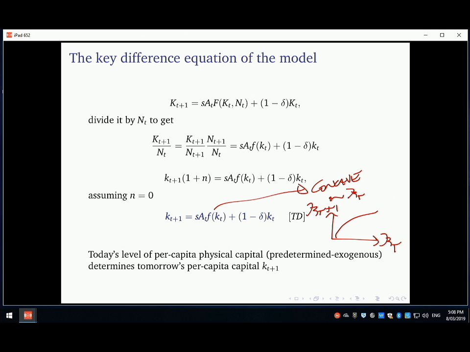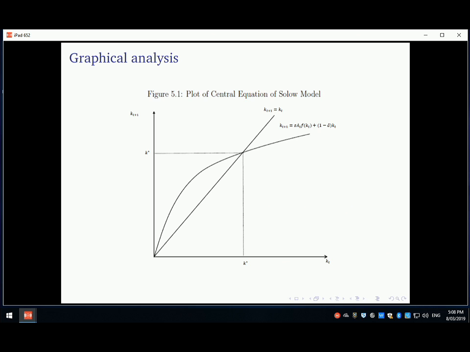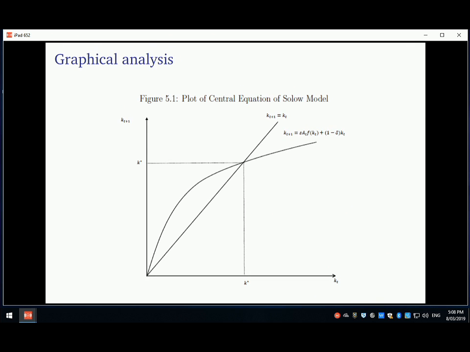And that's the next graph, basically. This is our TD equation, transitional dynamics equation. The x-axis is little kt, capital per capita.